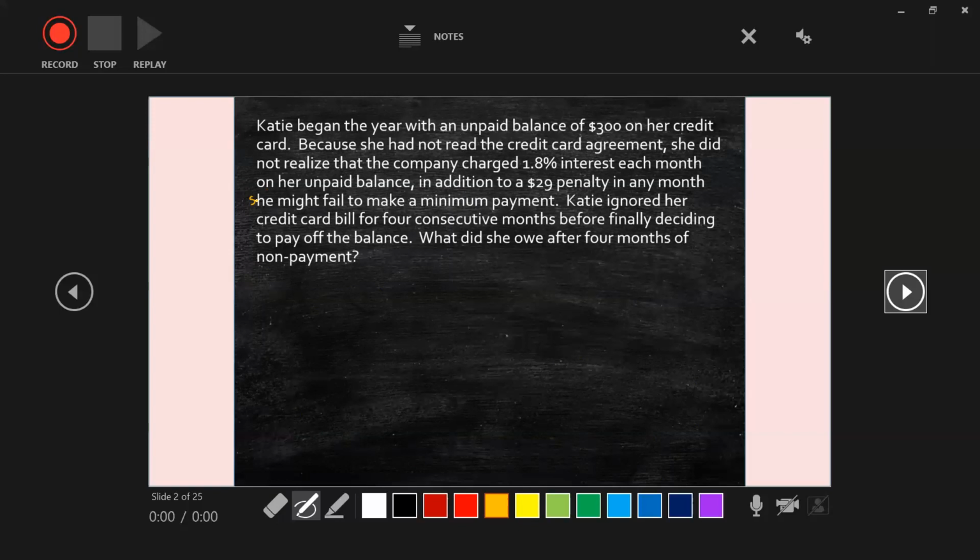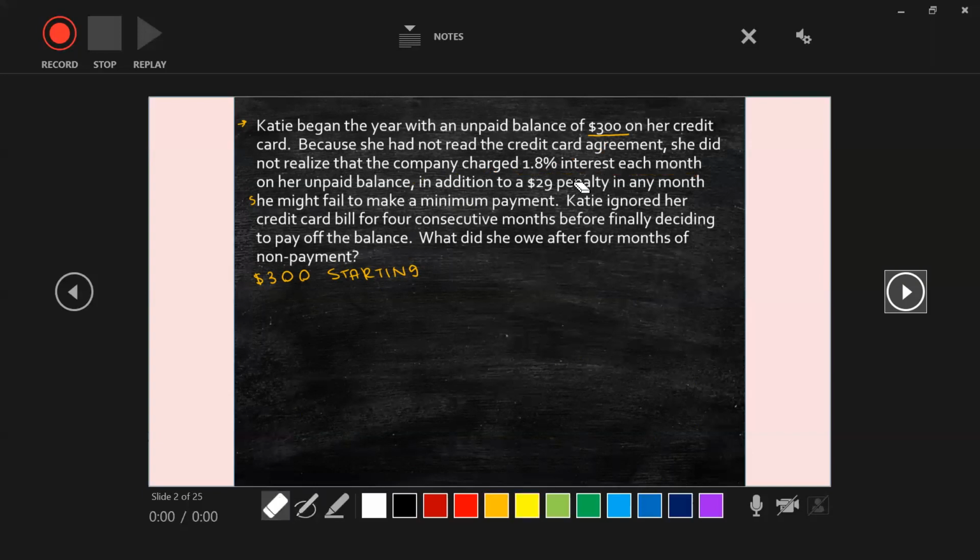So there's a few different steps to this, and the best way to do it is to just start at the beginning and write down what we know. So she has $300 starting out on her credit card. For each month, she is charged 1.8% interest. And let me try and color coordinate this so we can keep these together.